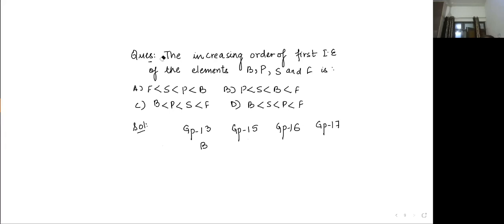Now try to explain this to me. Adhiraj and Lahari, give me the explanation.